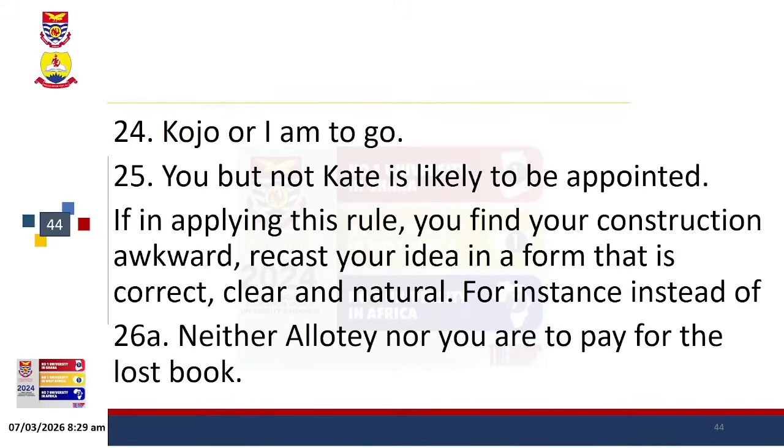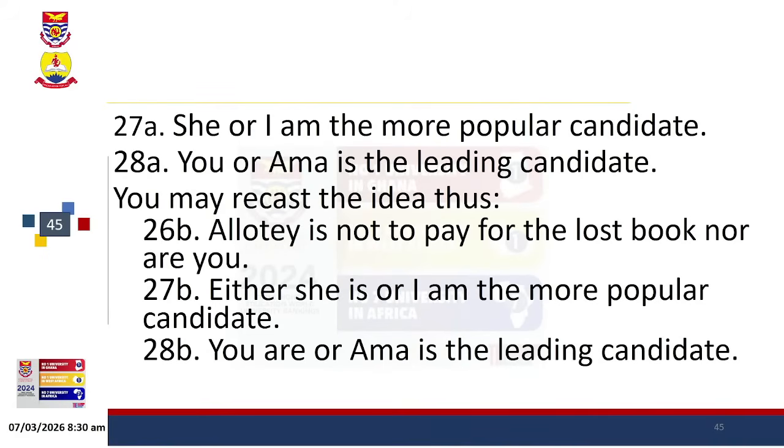If in applying this rule, you find your construction awkward or weird, you need to recast your idea in a form that is correct, clear, and then natural. For instance, instead of writing neither Alote nor you are to pay for the lost book, you can write she or I am the more popular candidate. She or I am the more popular candidate.